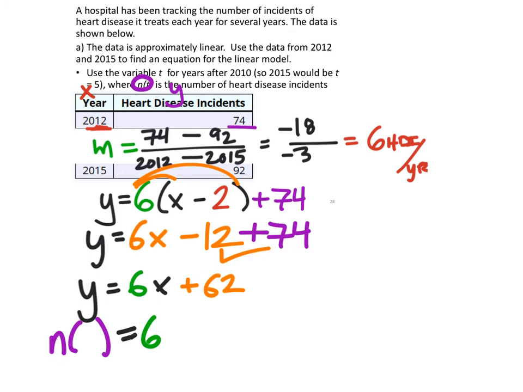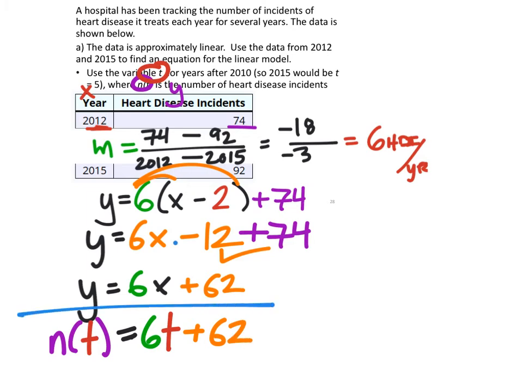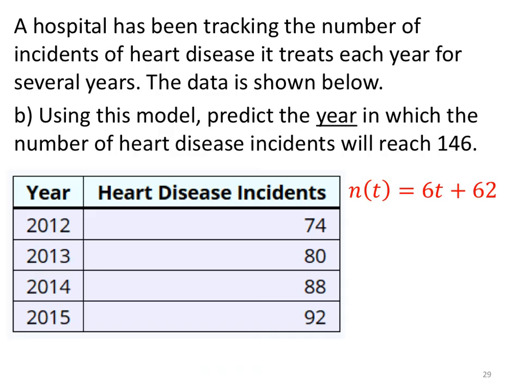But instead of x, they want us to use the t. So it's 6t, and then the positive 62. There it is. I know we're not done quite yet, but that's the function right there.